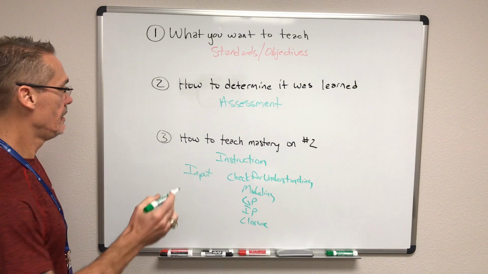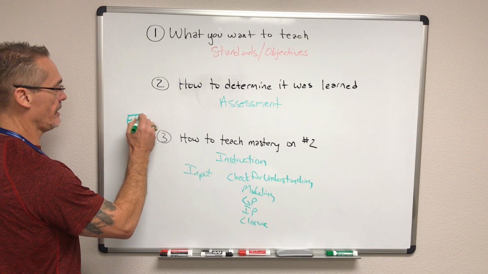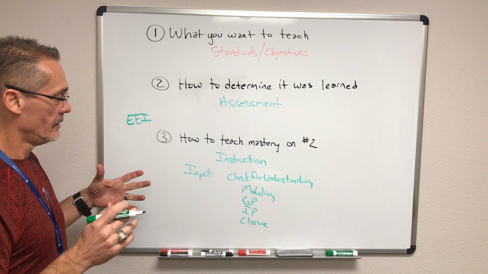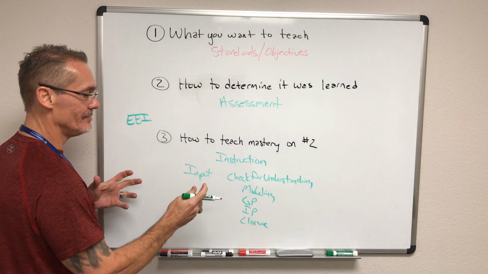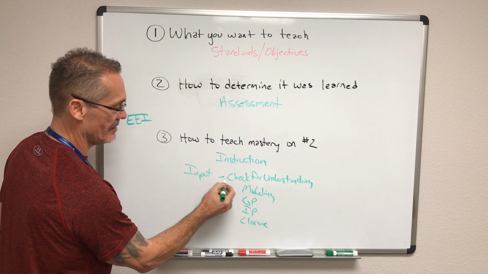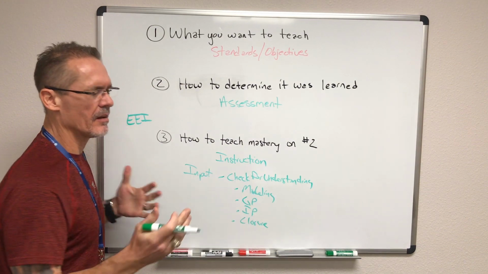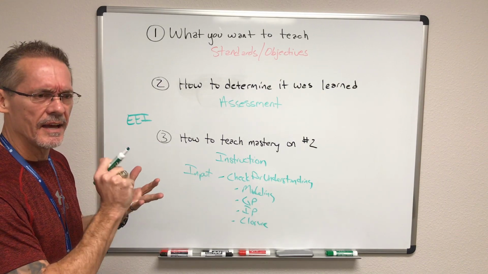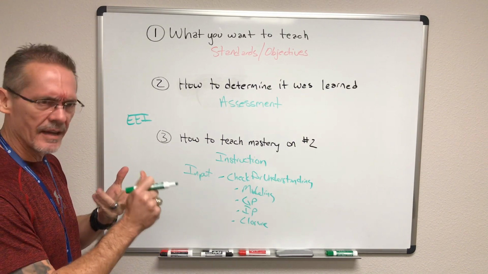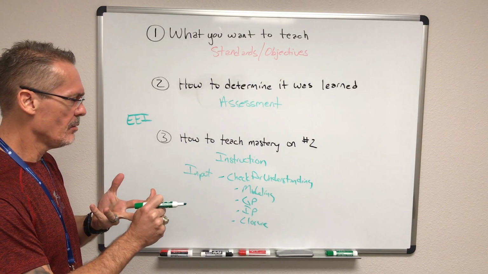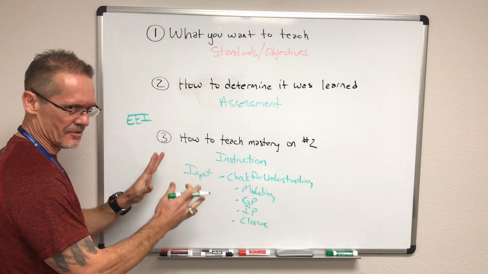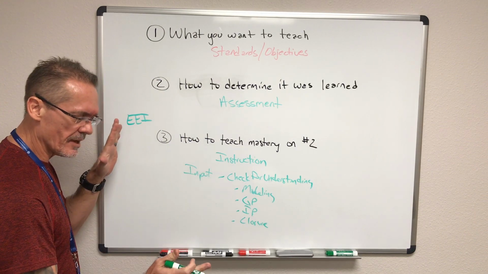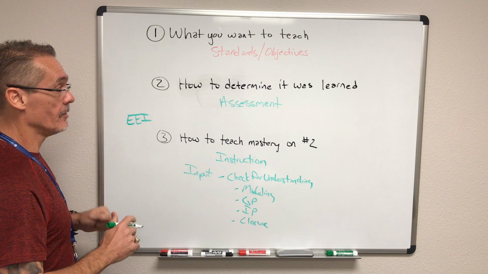Because when Madeline Hunter developed this whole EEI lesson plan idea, she broke down these components separately because she wanted you to think about and process, okay, I need to have check for understanding in my lesson. I need to have an opportunity for modeling. I need to have all these components, okay? But they're all interrelated and there's overlap and that kind of stuff happens. But on your lesson plan, you try to separate it out as best you can, okay?